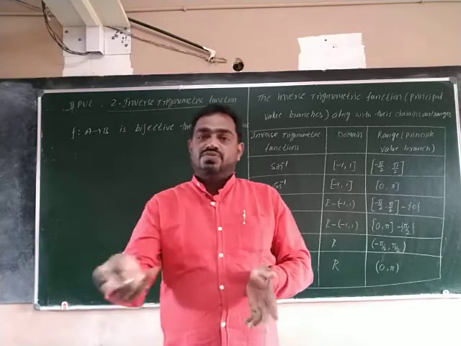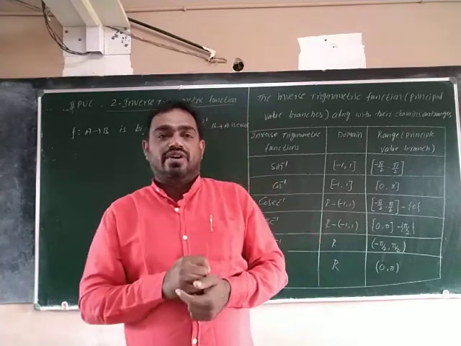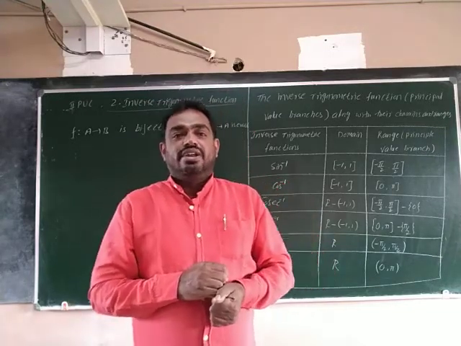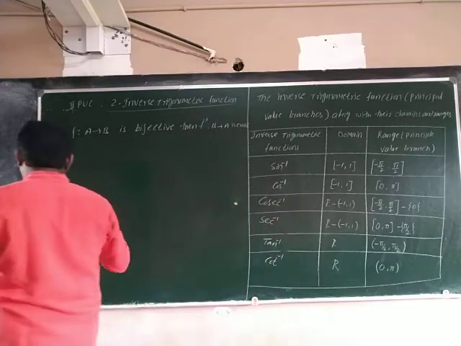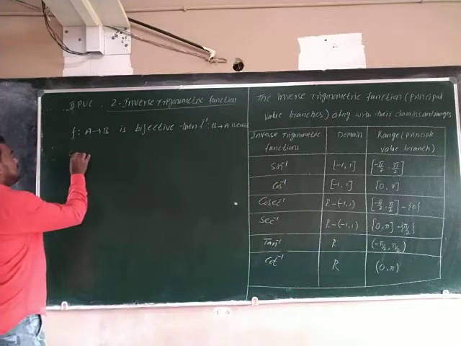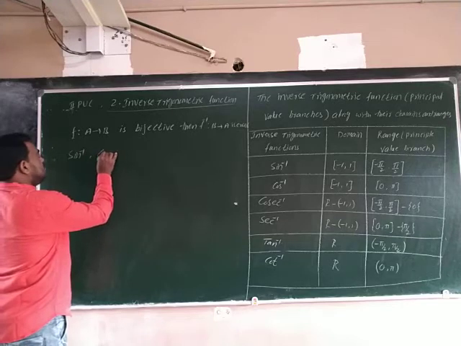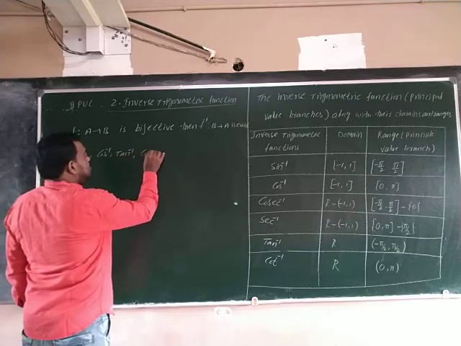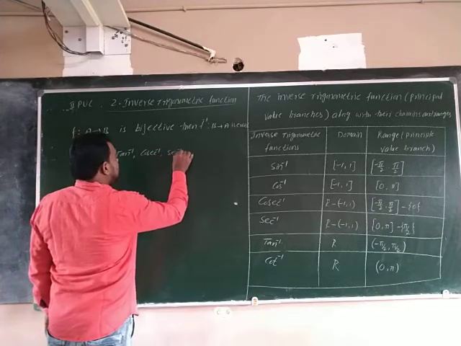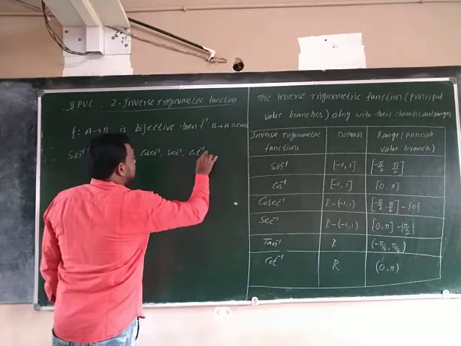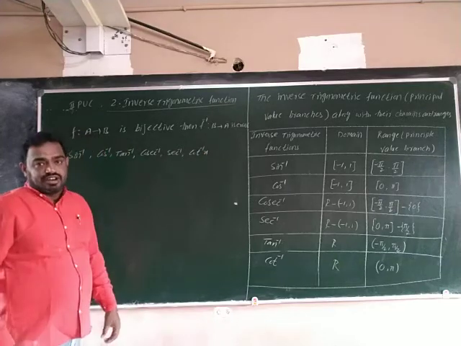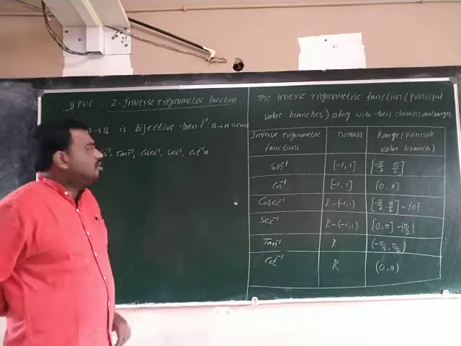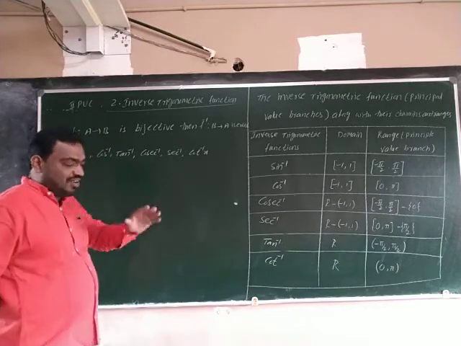So the inverse of these functions, that means the inverse of the trigonometric functions, also exists. These inverses we write as sine inverse, cos inverse, tan inverse, cosecant inverse, secant inverse, cot inverse. These are called inverse trigonometric functions.